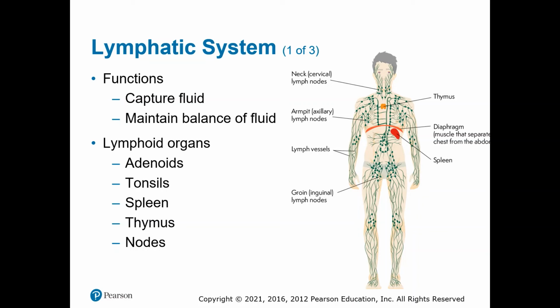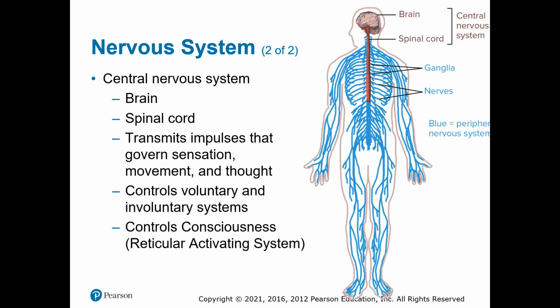Okay. The lymphatic system, its functions are to capture fluid and maintain balance of fluid as well. And then the lymphoid organs are the adenoids, the tonsils, the spleen, the thymus, and the nodes. Okay. This system basically is what helps maintain that fluid balance of plasma and water inside the body and various things like that.